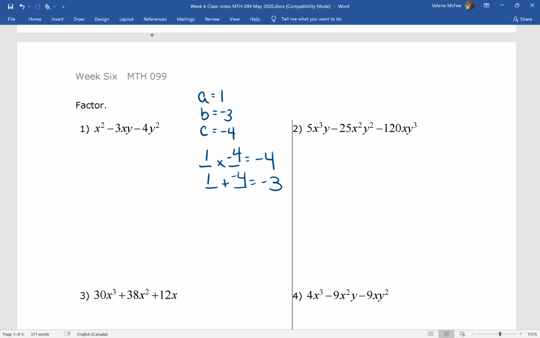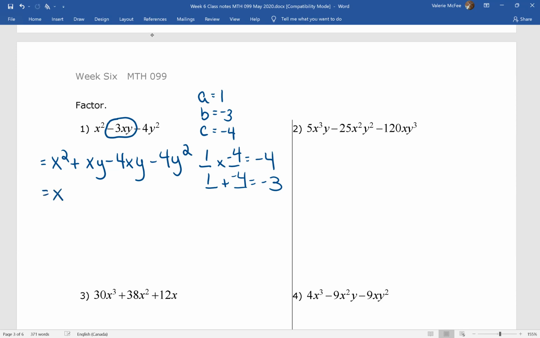Use those two numbers to rewrite the middle term. Now notice it's 1xy minus 4xy. So the only difference from the questions we've been doing is that xy.